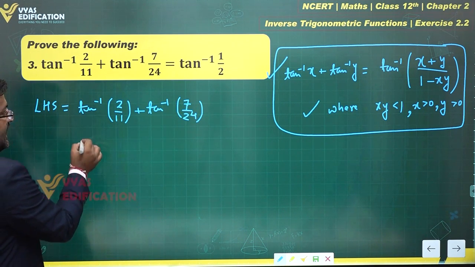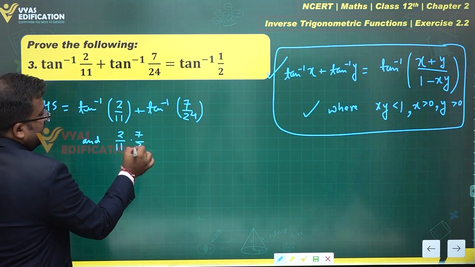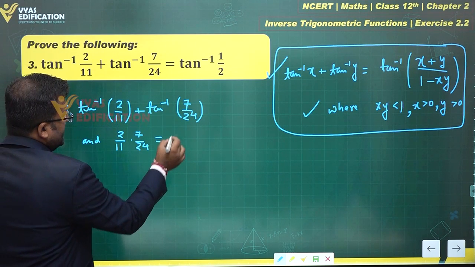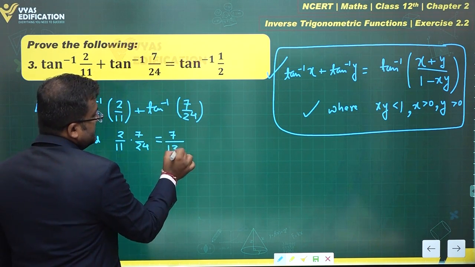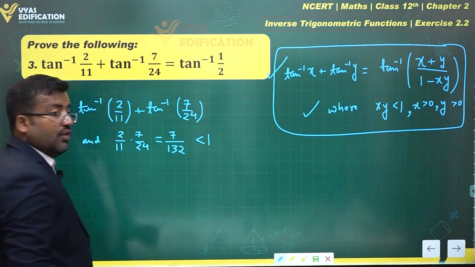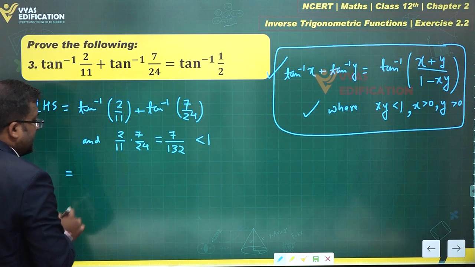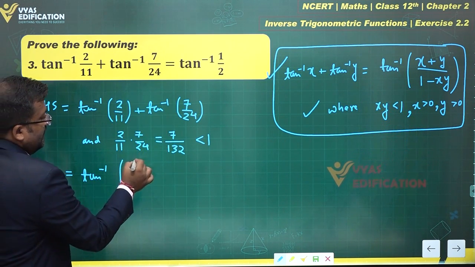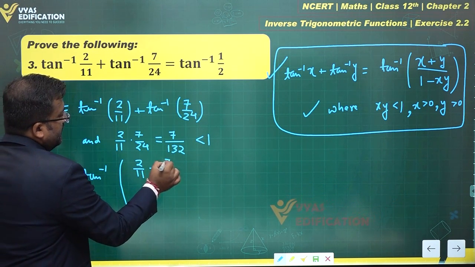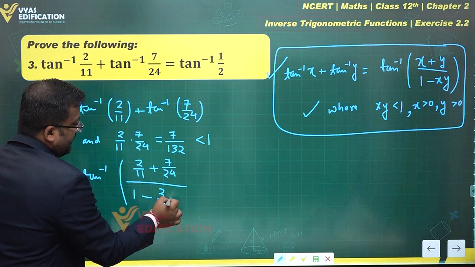And 2 by 11 times 7 by 24 is actually 7 by 11 times 12, which is 132, which is less than 1. Therefore, this becomes equal to tan inverse of x plus y over 1 minus xy.